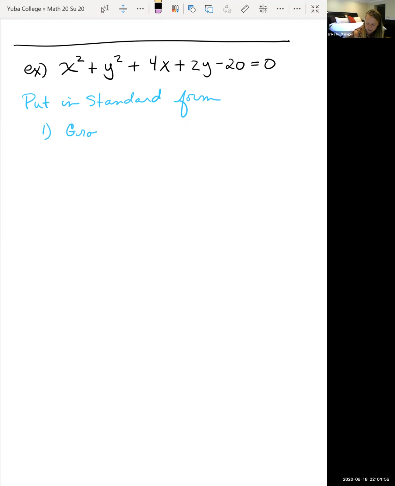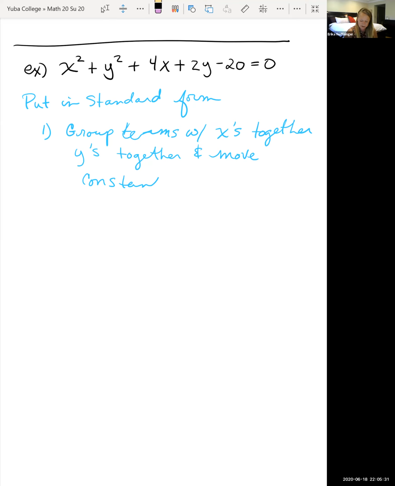So group terms, with x's together, y's together, and move the constant to the other side. And sometimes it's already on the other side, so let's say move the constant to be by itself, to be isolated.